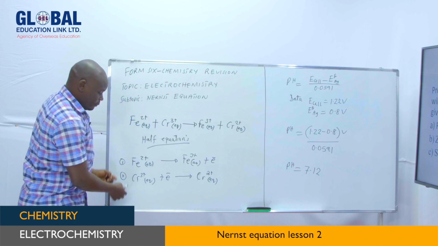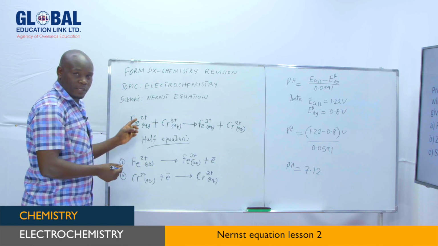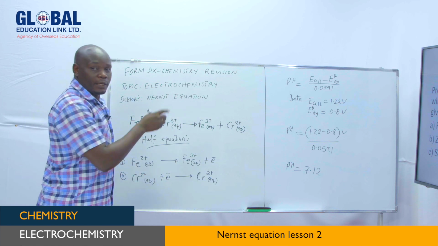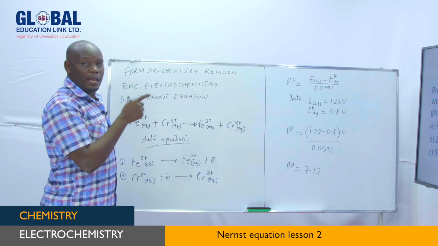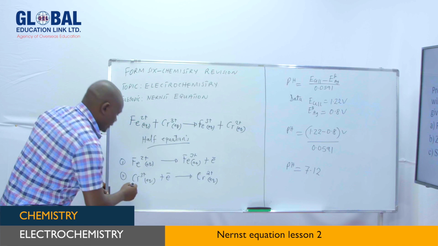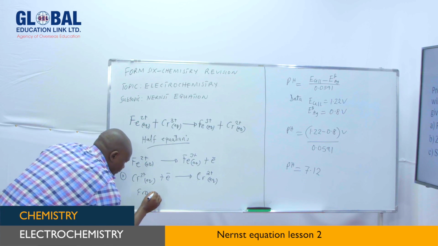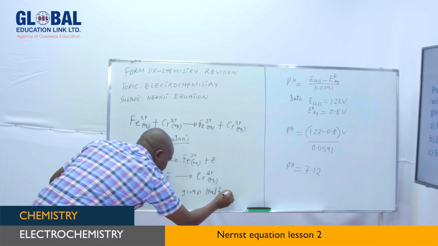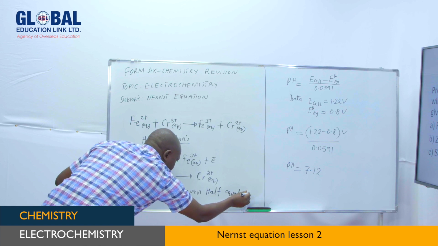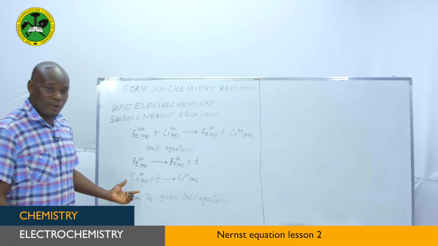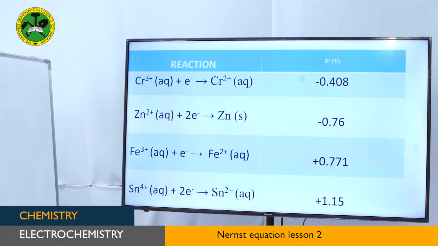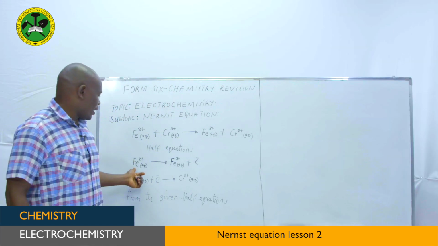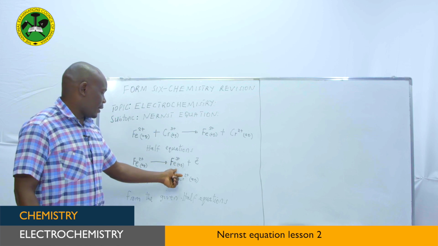Once you have formulated your half equations from the given equation, we have now to compare these half equations to the given half equations with their standard electrode potential. Now let us compare our half equations from the given reduction half equations of our half cells. If we observe, we have iron 2 that has changed into iron 3.